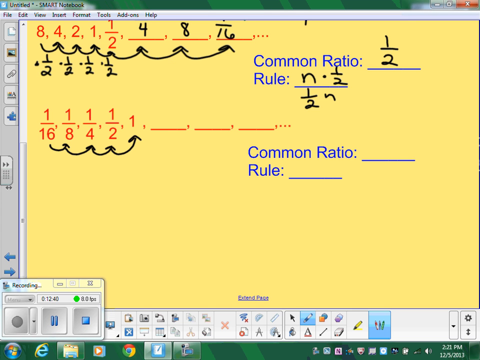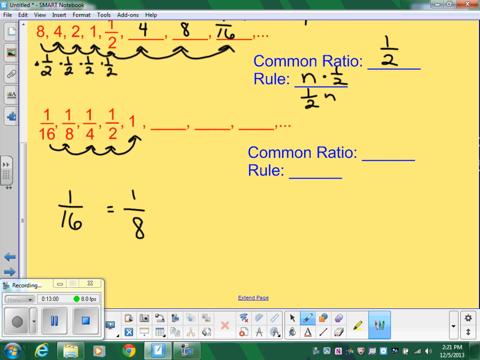Let's focus on the denominators for a moment. 16 to 8 to 4 to 2. What's really happening here is we are taking a fraction of 1/16 and we are attempting to get it down to a fraction of 1/8.